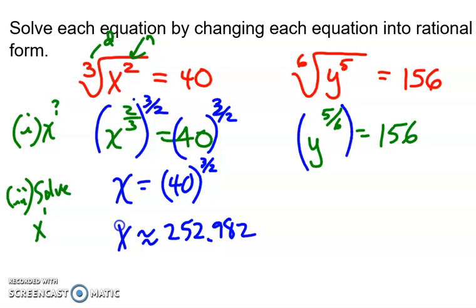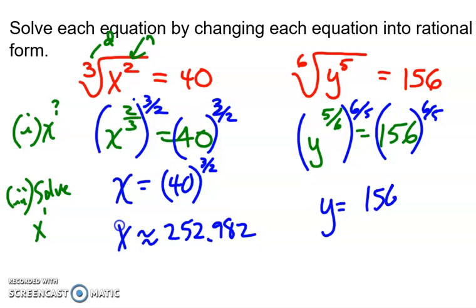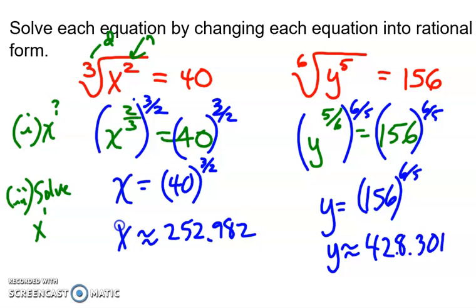For the second problem, we're going to use 6/5 as the exponent because if I multiply 5/6 and 6/5, I'm going to get 30 over 30. 30 over 30 is 1. This means y is equal to 156 to the 6/5 exponent. So it's going to give me a final answer of 428.301.